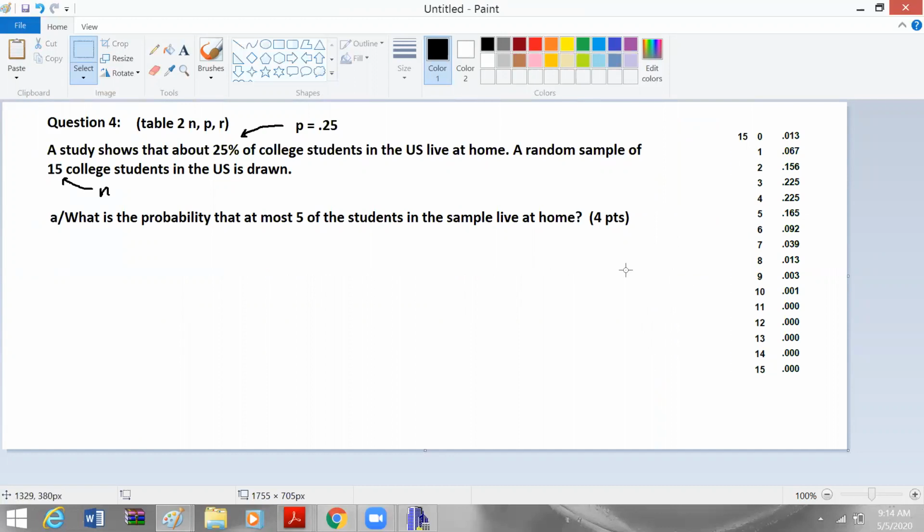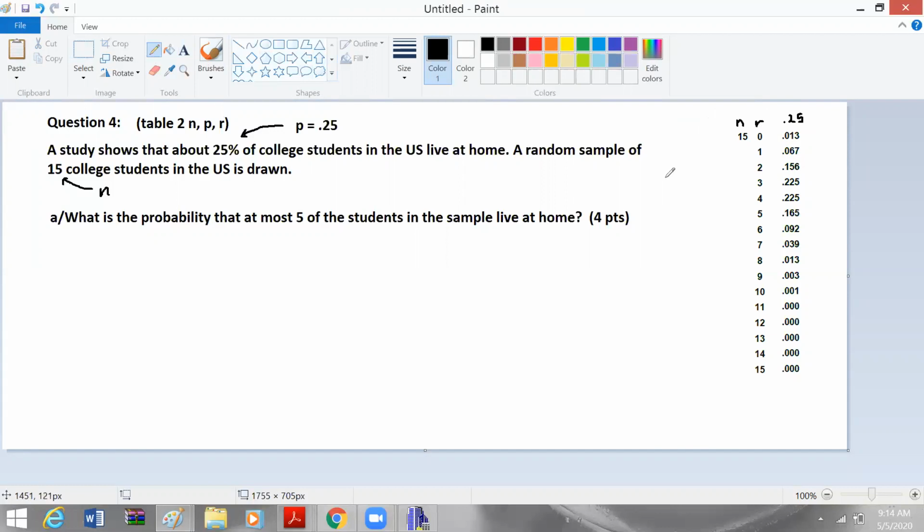Remember, the first one will be the n, so you have to go to the right box, n equal to 15, and this is 0.25. And this is the r. The r will be in the second column, from 0 to 15 as we have right there. And this is the probability.